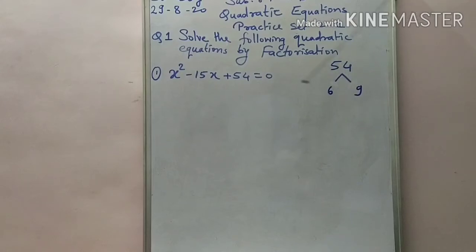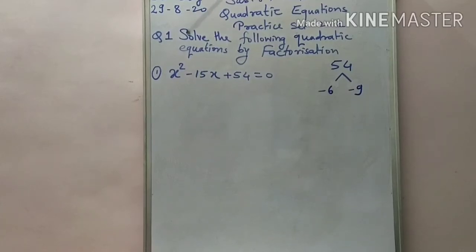Getting this? If there is a plus sign, meaning addition as the middle term, and addition means the middle term's sign goes to both. Okay, if the middle term is plus, then we give plus plus to both. If the sign is plus, we find factors such that the addition is the middle term.